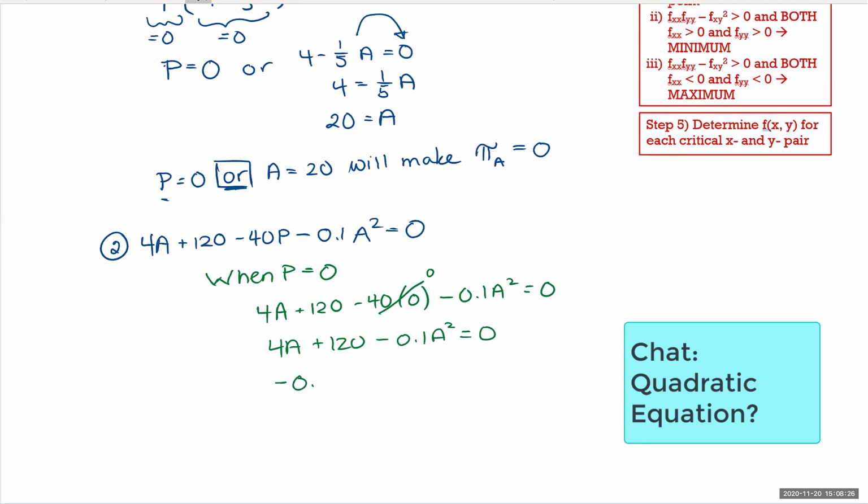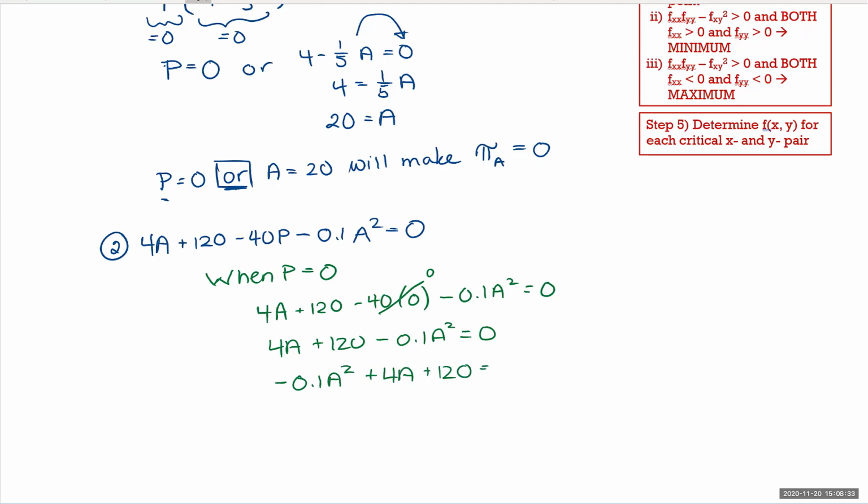I could rewrite this as negative 0.1 a squared plus 4a plus 120 is equal to 0. And I've got the relationship of a quadratic, where my a value is the coefficient for a squared, negative 0.1. My b value for the quadratic equation is the coefficient for a, 4. And my c value is this constant at the end, 120.